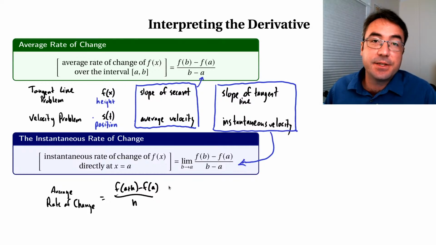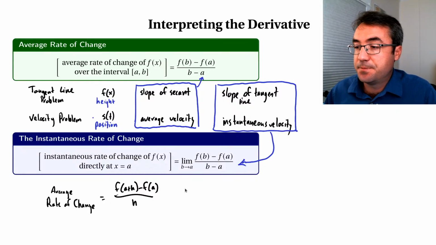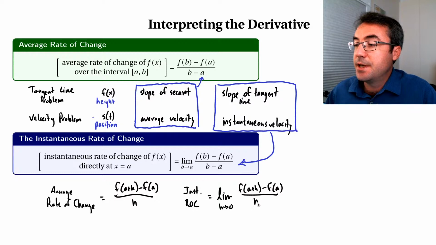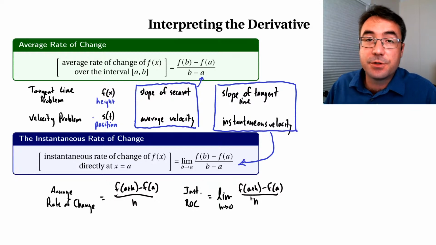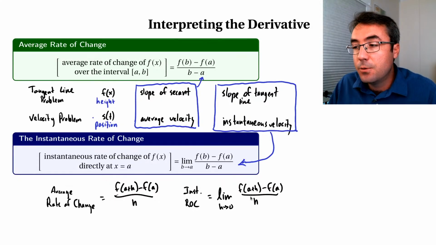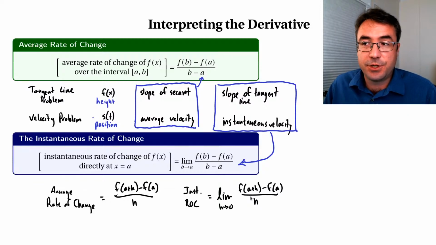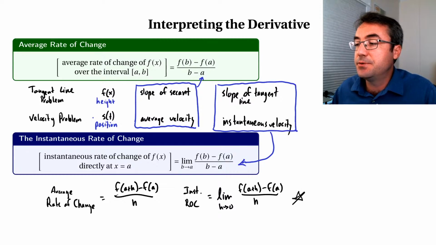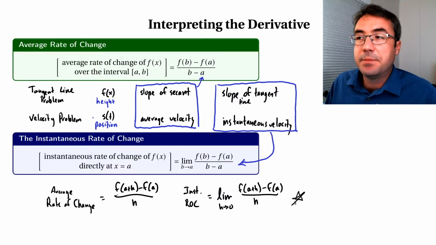And so the instantaneous rate of change would be the limit of that as h goes to 0. So that's just an alternative way of calculating this instantaneous and average rate of change. So either way is okay. We tend to use these versions a little bit more, but either one's okay.